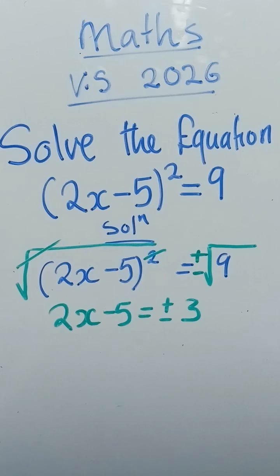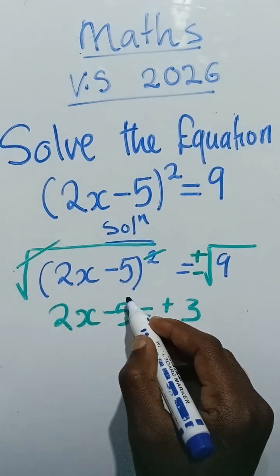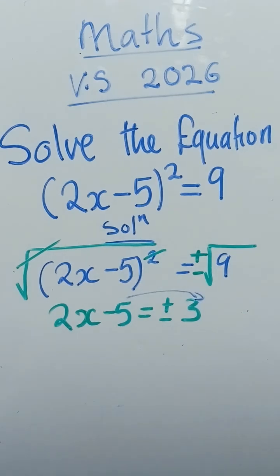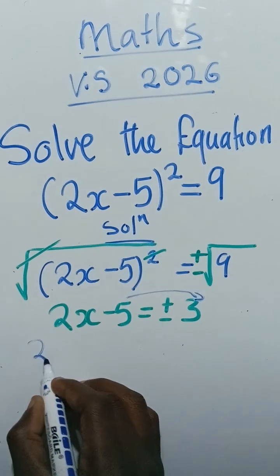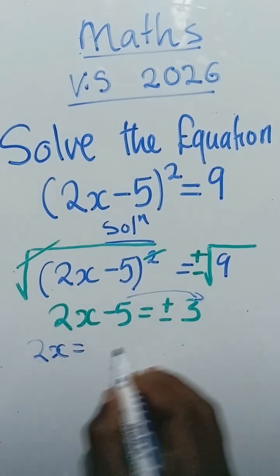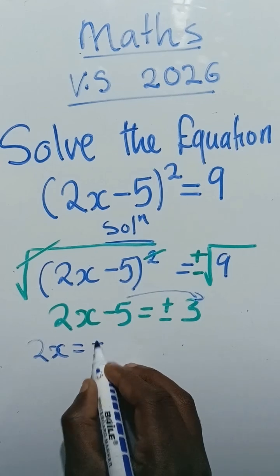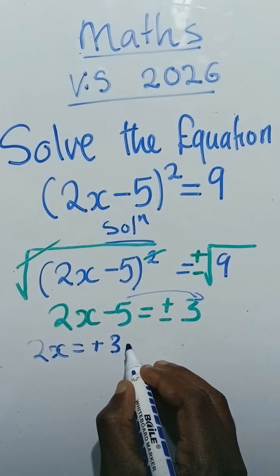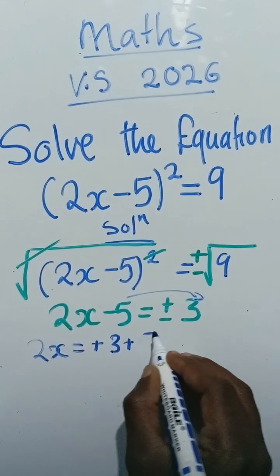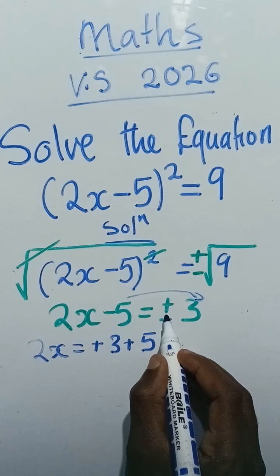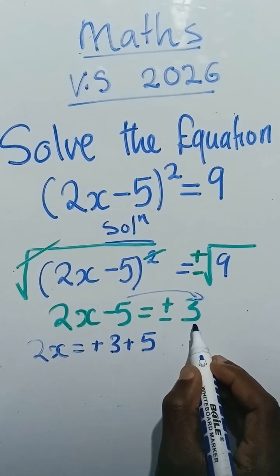We are going to take this negative 5 to the other side, and we remain with 2x equals positive 3. Once it crosses the equal sign, it becomes positive 5. So I take the positive sign of 3 here.